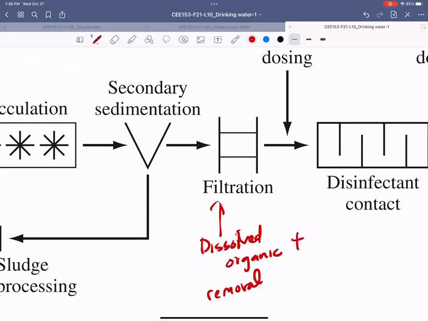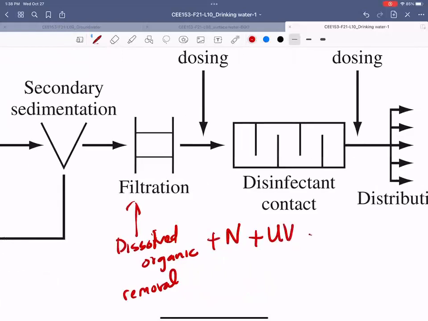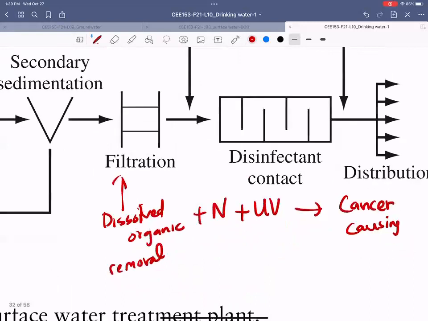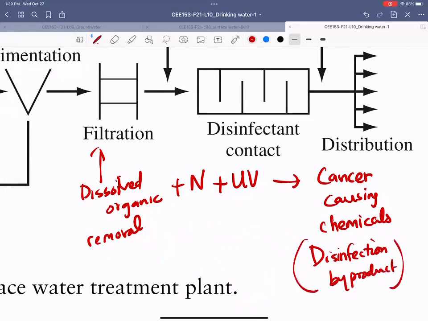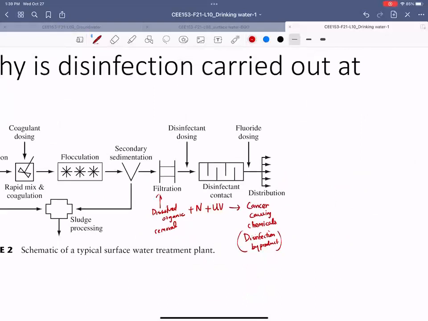So if you have dissolved organic plus nitrogen plus, let's say, UV light, you get cancer-causing chemicals. So it's called disinfection byproducts. So one of our goals is to add that filtration to remove those organic layers.